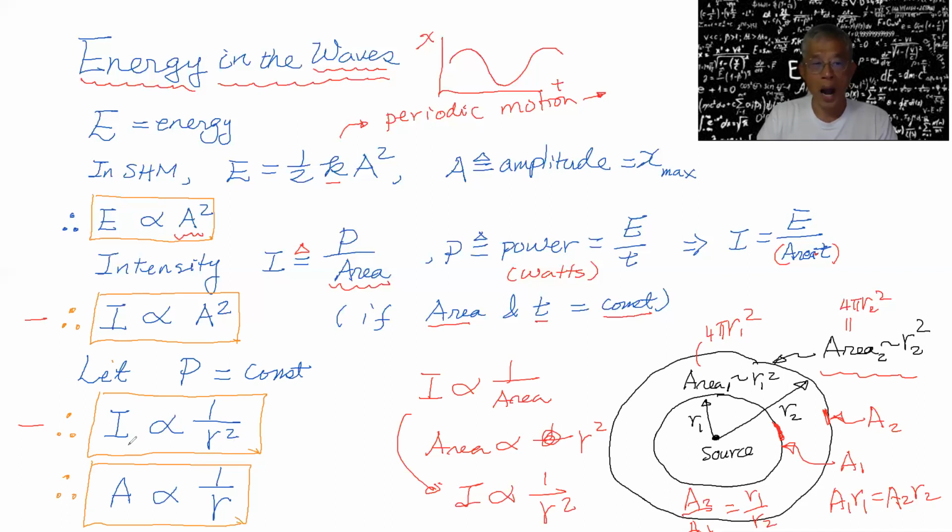So you say I is inversely proportional to R squared, or you can say I is proportional to 1 over R squared.